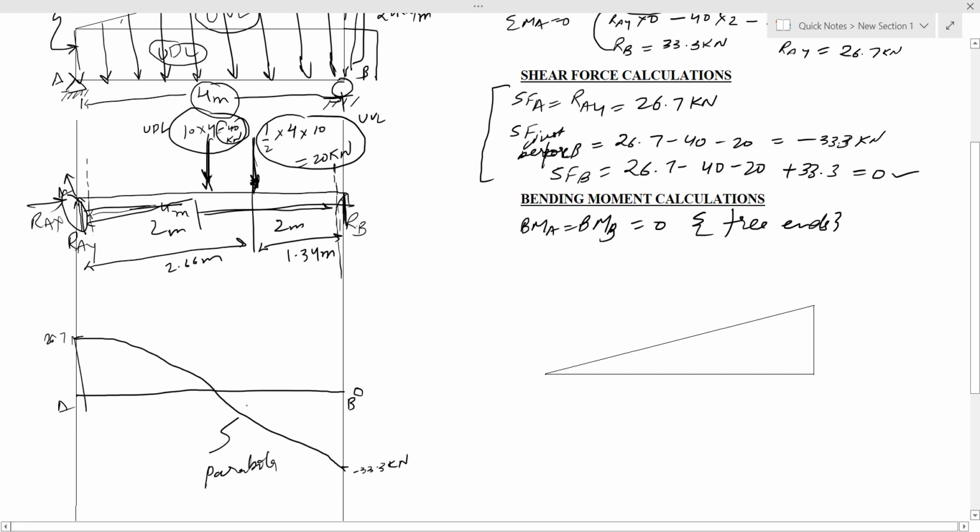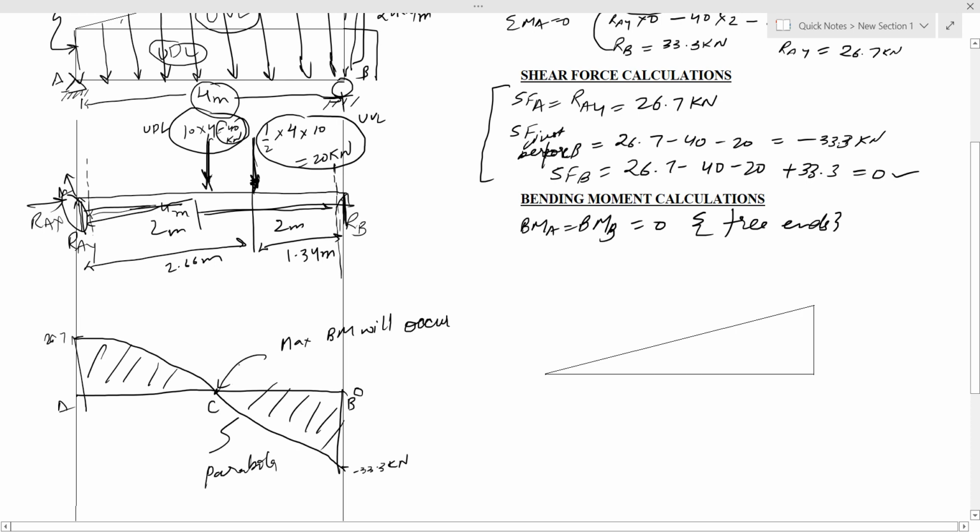And we'll join these points like this, straight line. This will be our shear force diagram. You know that when the shear force changes its sign, at that point maximum bending moment will occur. So we will mark this point as C.